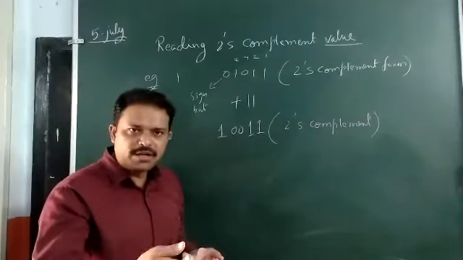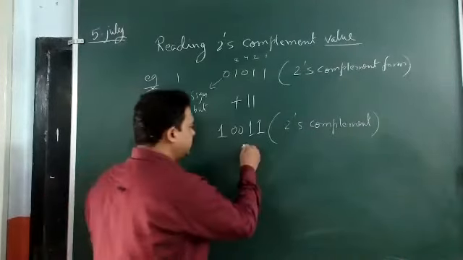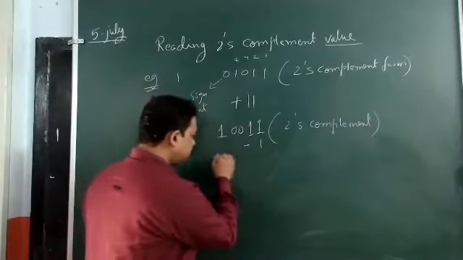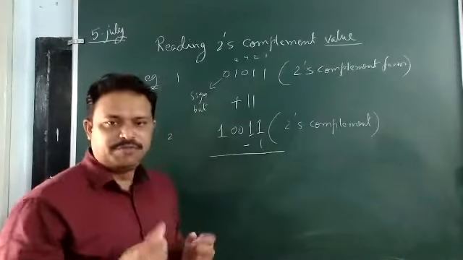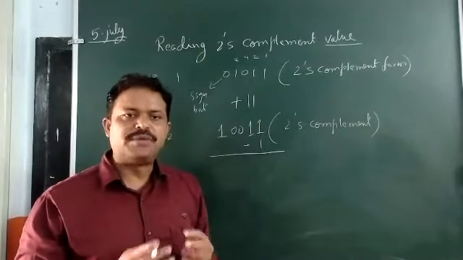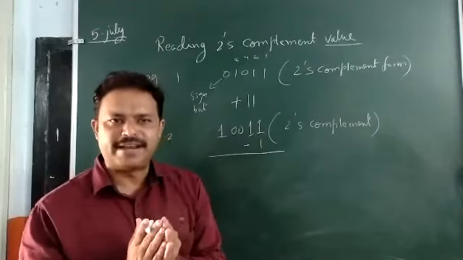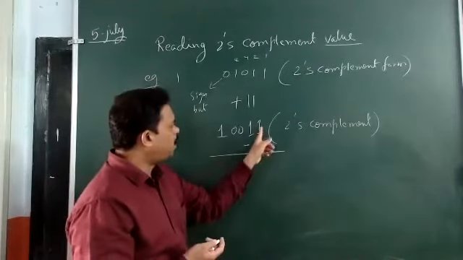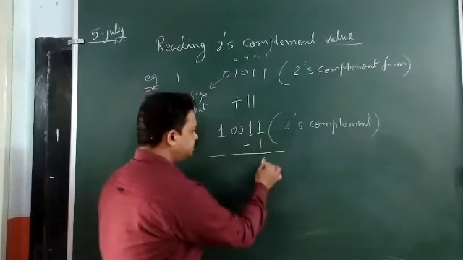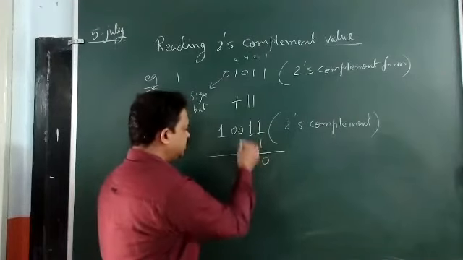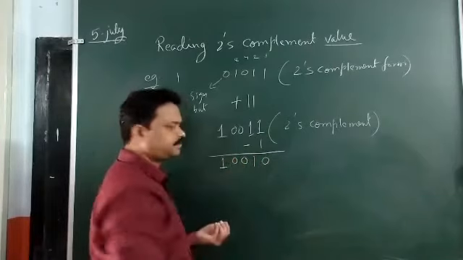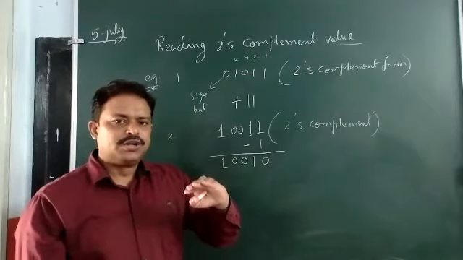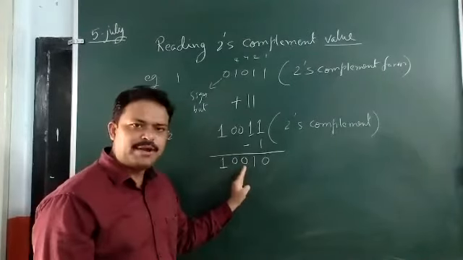We are adding plus 1 to get the 2's complement; here do minus 1, the subtraction. We don't know how to do binary subtraction yet, but indirectly I am going to tell you how. It's a very simple concept. Here 1 minus 1 is 0, and the rest as it is: 0, 0, 1. We have subtracted 1. Now take the 1's complement of this value.